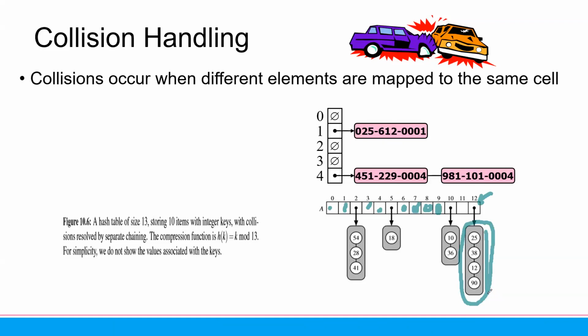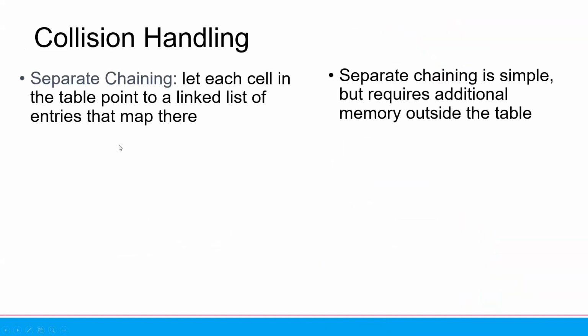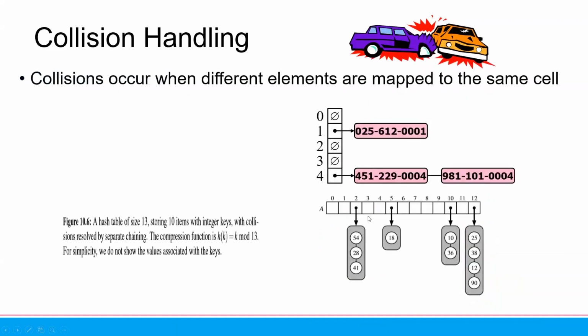So it is not balanced. That's why people try to create collision handling algorithms. How can we handle the collision? So we will learn about this one. Yeah, this is an example, a very good example to see the value.